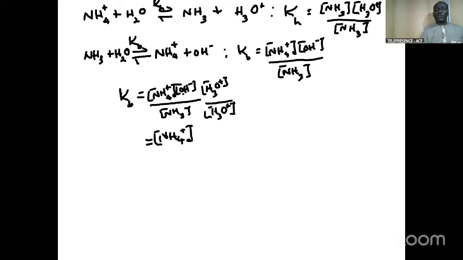Now, the product of OH- and H3O+ is what we call Kw, the auto-ionization constant of water, 1 times 10 to the power minus 14. We've been doing this in our previous class.